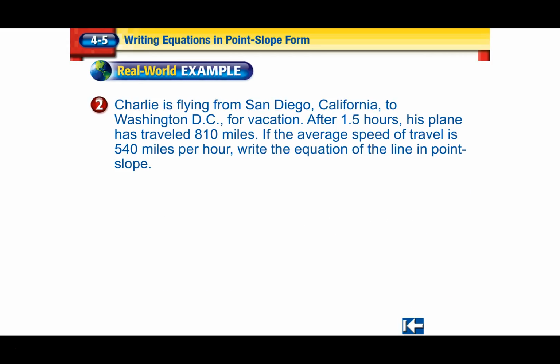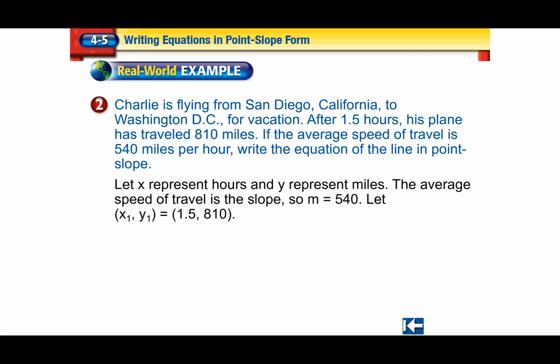Keep going. Charlie is flying from San Diego to Washington, D.C., just like the East Coast trip did. Wait, they didn't go out of San Diego. Anyways, moving on. For vacation, after 1.5 hours, the plane traveled 810 miles with an average speed of 540 miles per hour. Write an equation of a line in point-slope form.